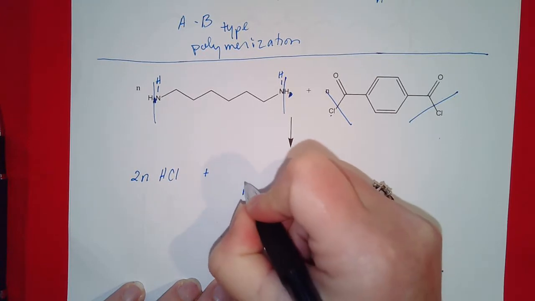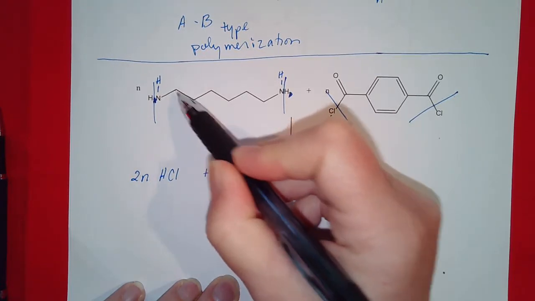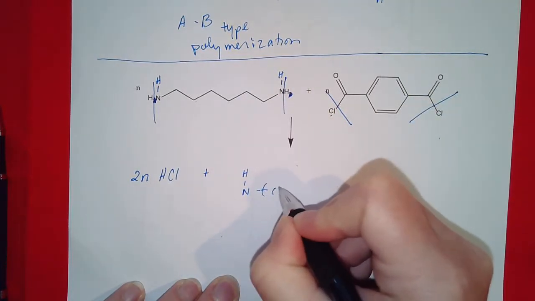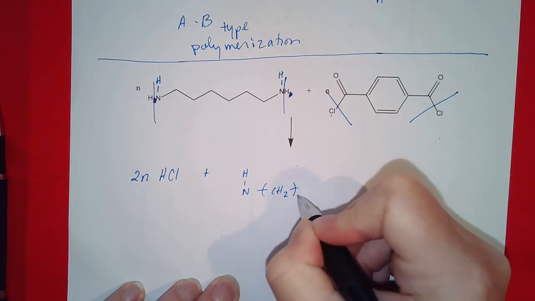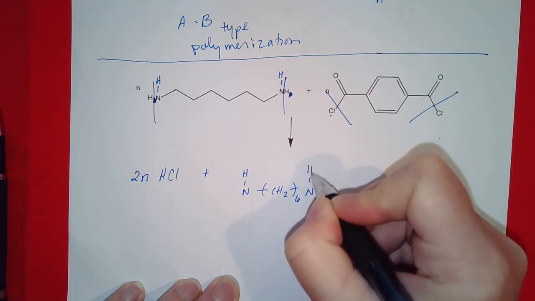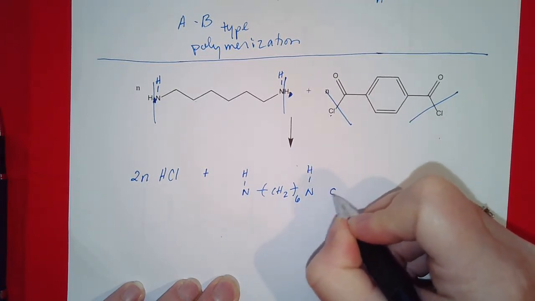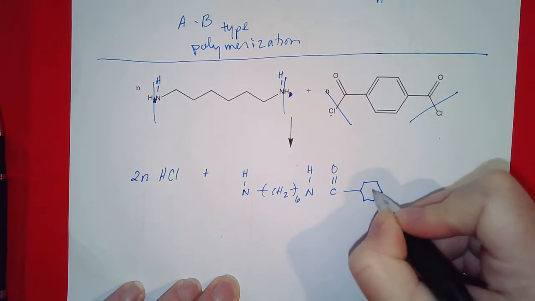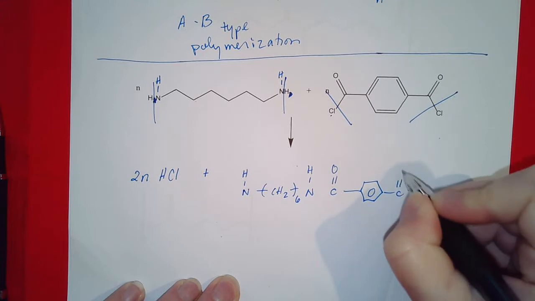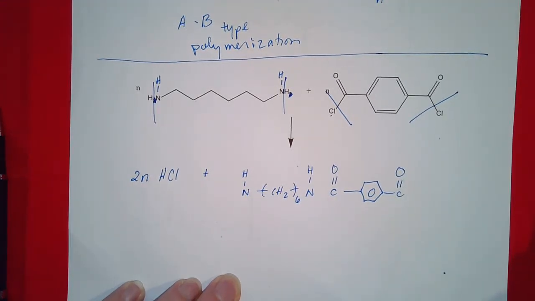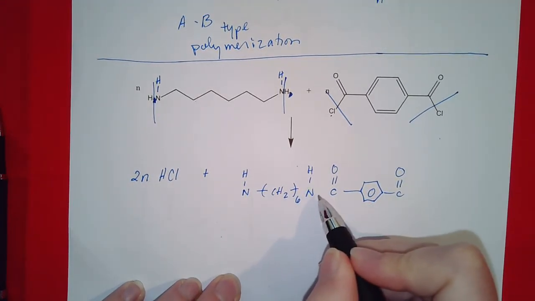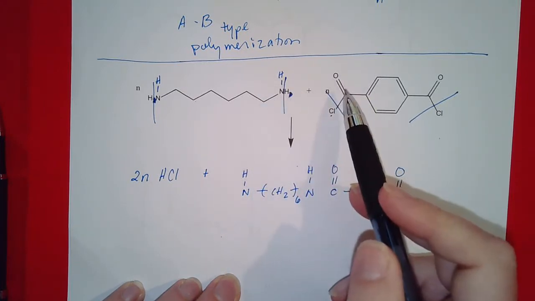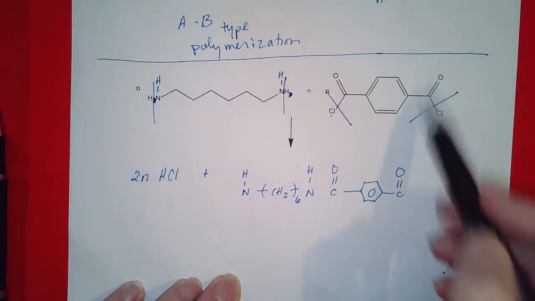Plus, now I've got to think about my polymer. I'm going to write NH 1, 2, 3, 4, 5, 6, CH2 6 times, NH. Here I've got a carbonyl. I have the ring and a carbonyl. Now remember, we're going to make 2 amide bonds because we're reacting one amine with 1 acid chloride, one amine with 1 acid chloride.